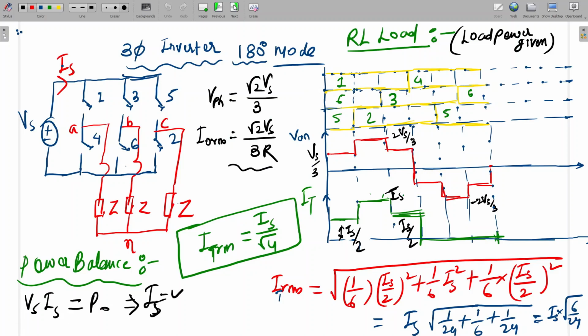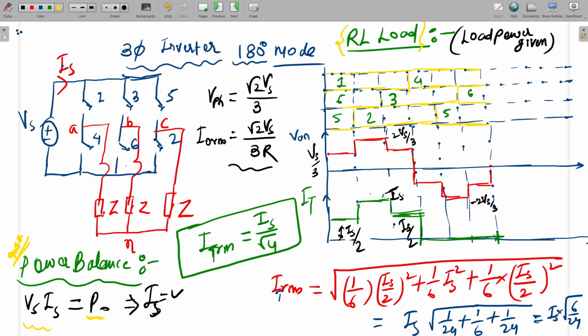See, this is another type of analysis. So the previous analysis was for the purely resistive load. But if RL load will be there, then how can we calculate? In this kind of load, what we can do is apply the power balance. So what is power balance? Power balance is Vs Is equal to output power.